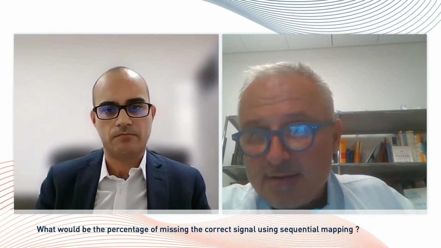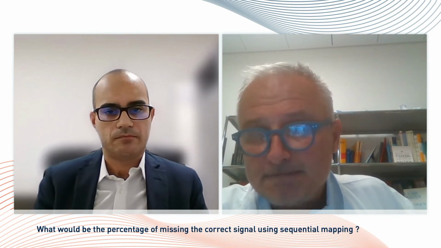We see that with PVCs, where we have only one beat to map. If we have one beat with non-contact mapping, we can immediately localize it. If we have one beat with contact mapping, we need a lot of time to localize the origin.